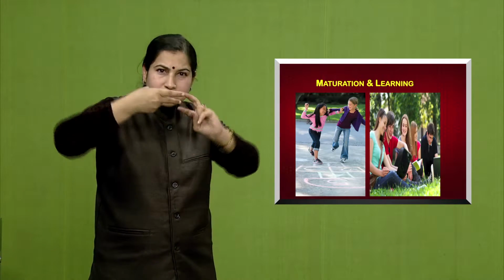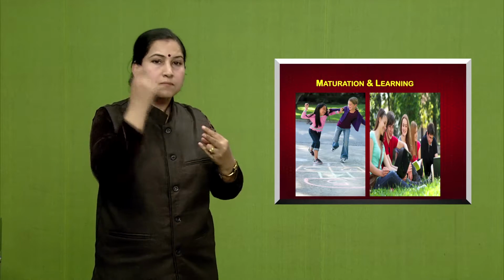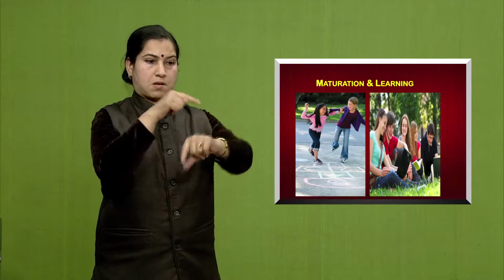This unfolds itself at the appropriate time. For example, Yadvi at 8 months of age followed her mother by crawling behind her. It was because her body was mature enough for this activity.